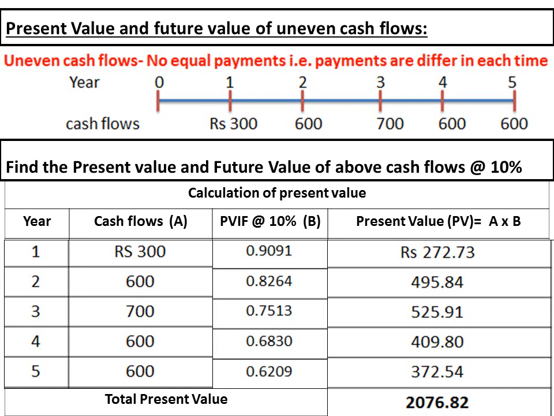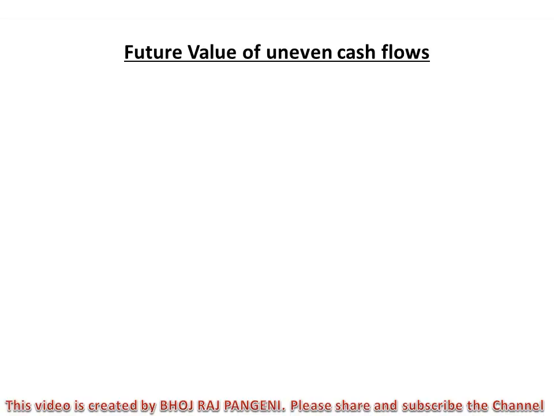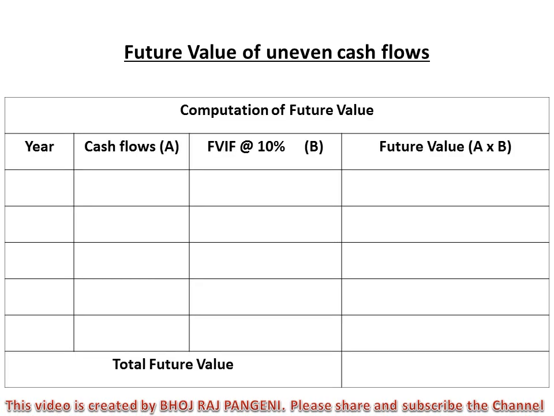Now it's time to calculate the future value, again the future value of uneven cash flow. This is our format. Have a look at the format: year, cash flow, which we note as A, and FVIF. If you have to compute the future value, use the FVIF. If you have to compute the present value, use PVIF.